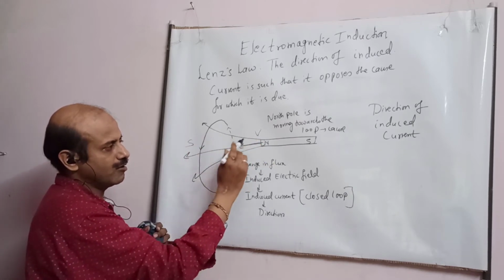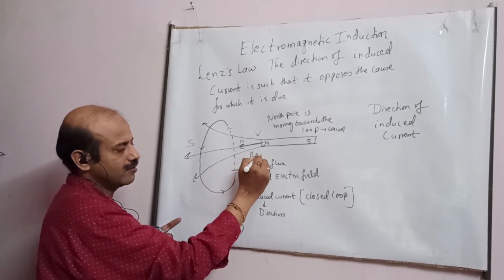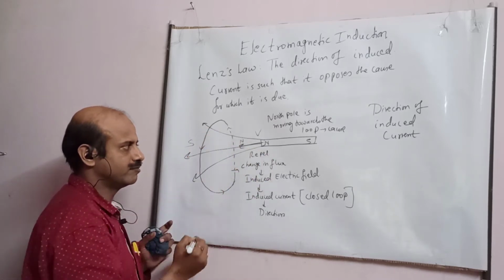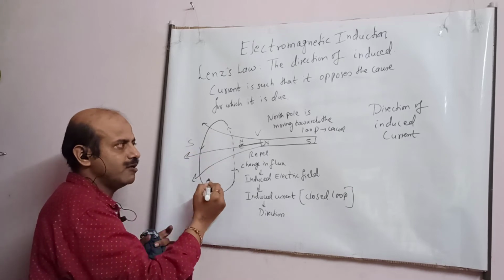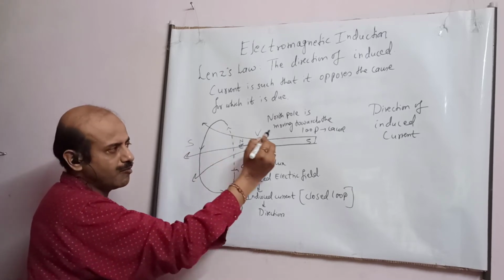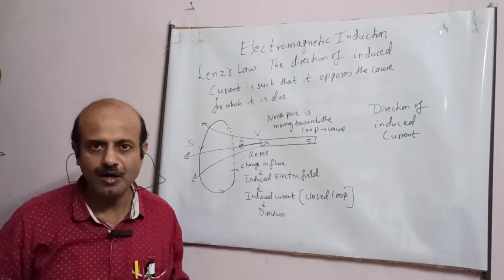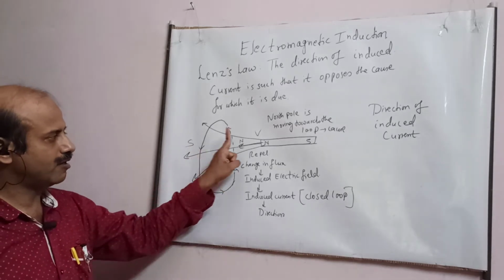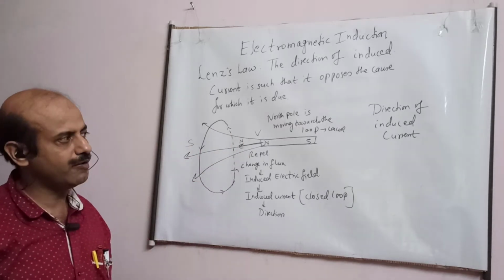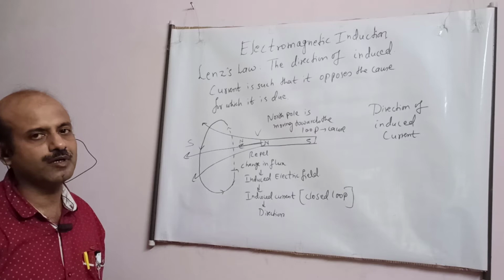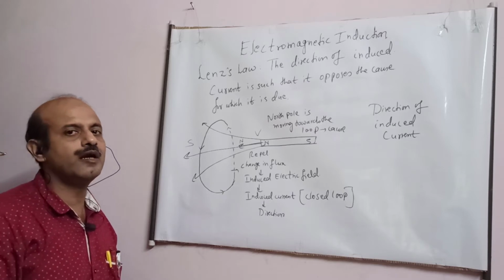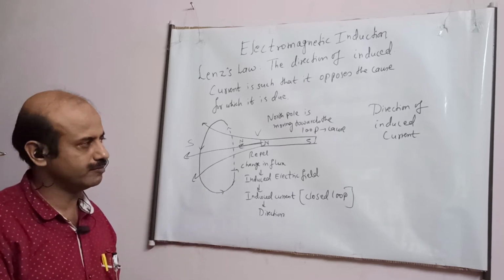See, north and north will repel each other. So this is the direction of induced current. It will oppose the cause. It is opposing the motion of this magnet, students. How? By producing a North Pole in front of this. Because every current loop is a magnet, students, and you can find the polarity by right hand thumb rule.